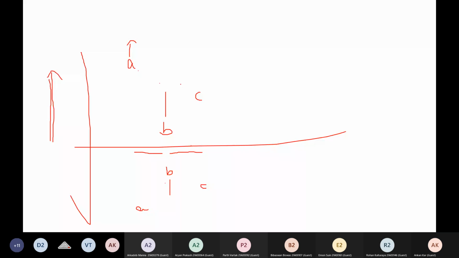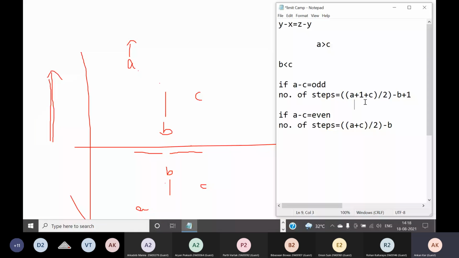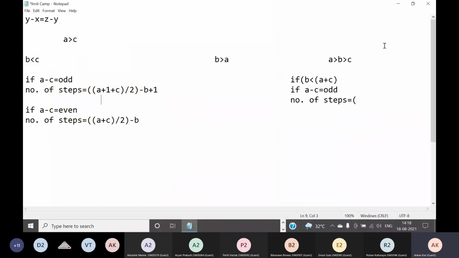So if b is less than (a plus c) by 2, I'm not writing for odd. You keep that a minus c is even. If a minus c is even, then the number of steps will be just.